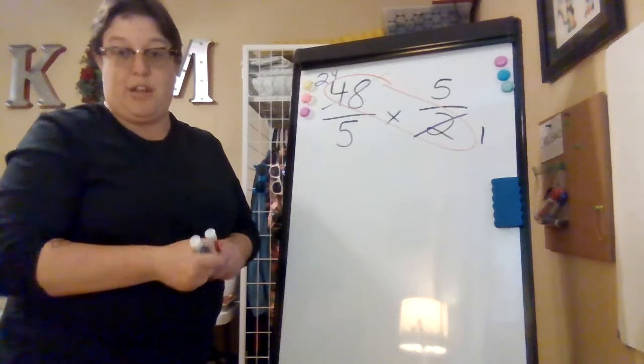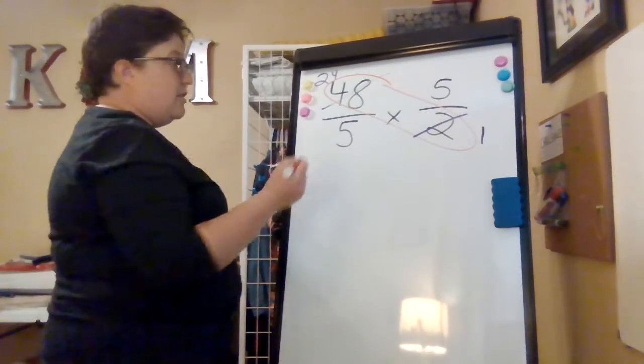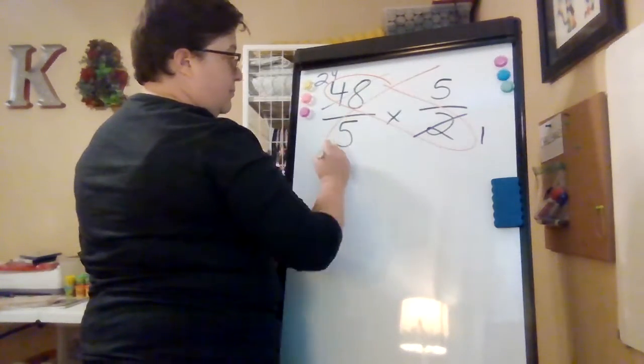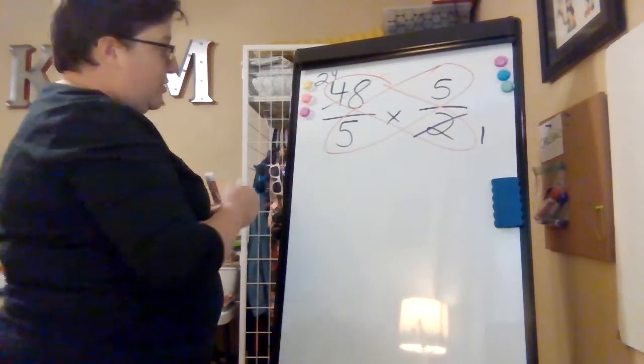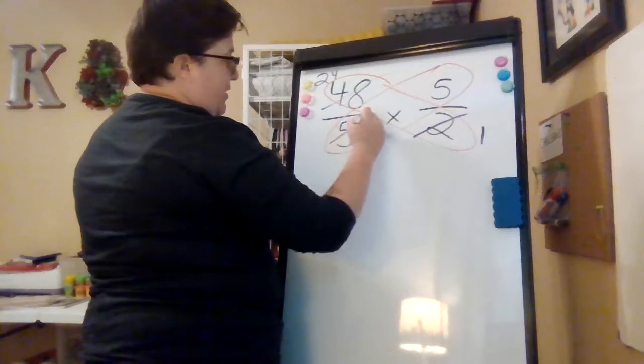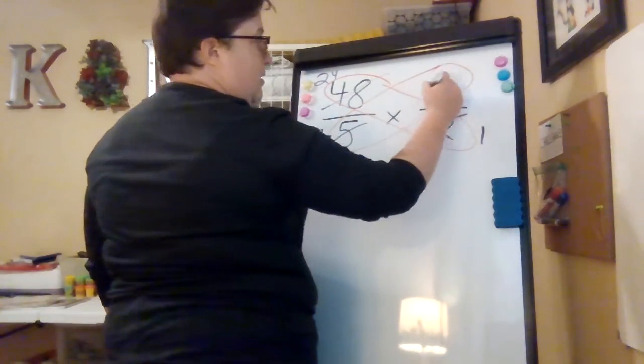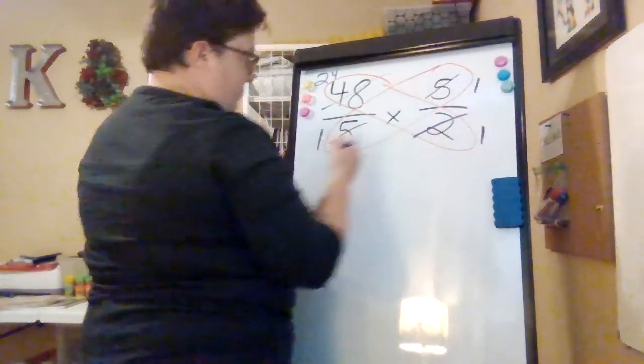Okay? So I've done the first ones. Now let's take a look at the next ones. 5 and 5. I know that 5 can go into both of those. Divide each by 5. That's going to be 1, and that's going to be 1.